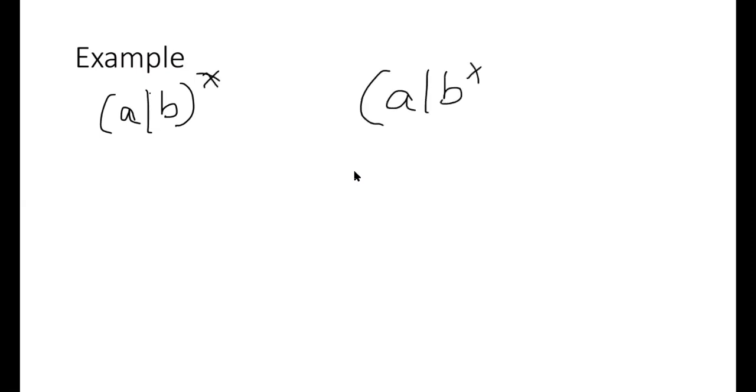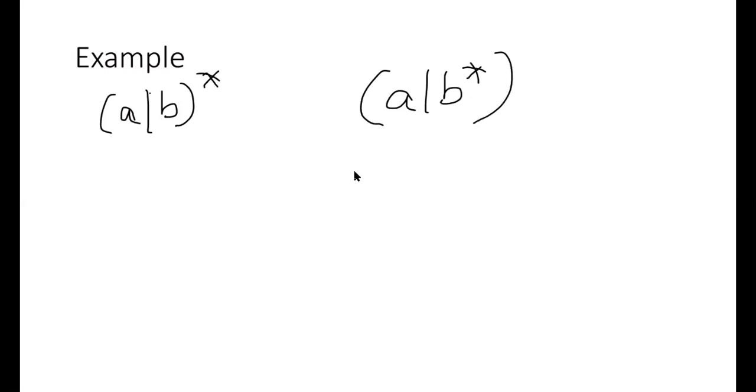Now precedence is important because they can give you two totally different options. Say, for example, I use (A or B) star. Or I may also write it like this: A or B star. Now if precedence is not followed, this too will give you a problem because they are not equivalent.